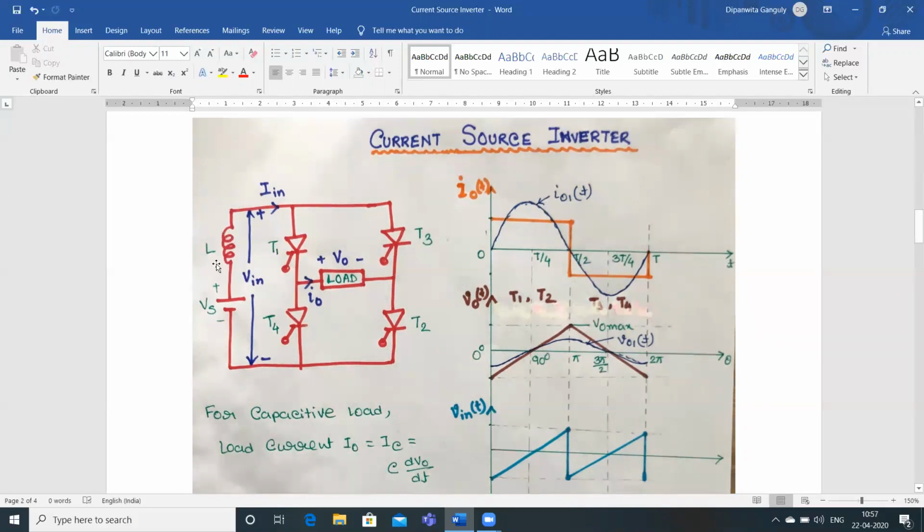So the L filter is connected in series with the source, so that the source current will become constant. This is a full bridge circuit. 4 thyristors are used here and no diodes are connected in parallel. So we can say the circuit is simpler than the voltage source inverter, and the load here we have chosen is a capacitive load.